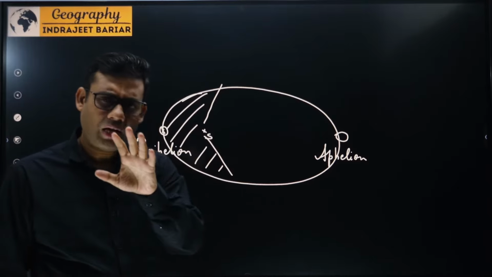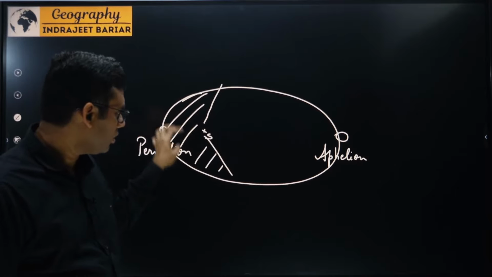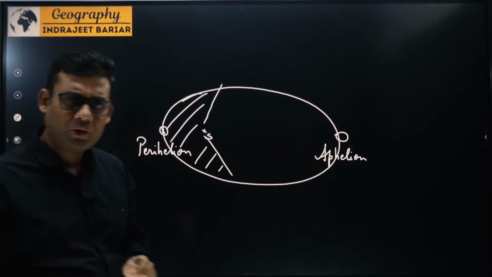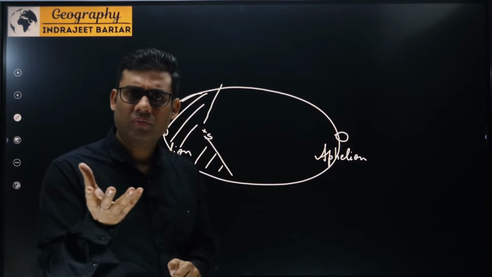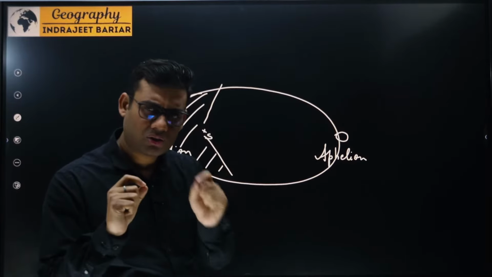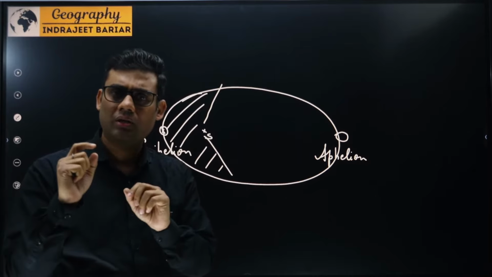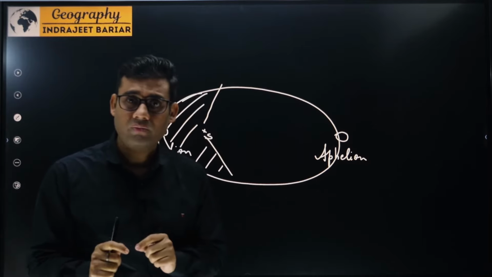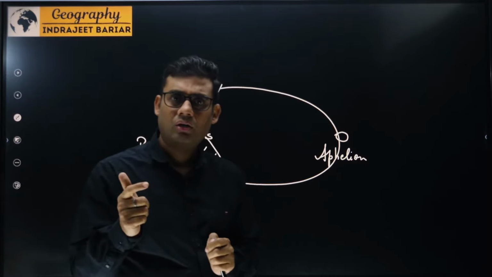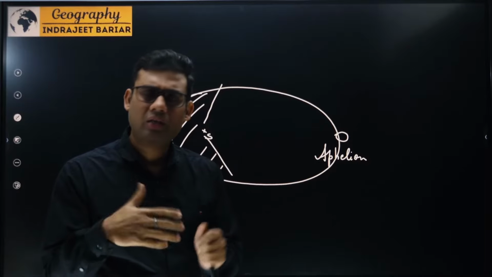What it is going to do at the maximum is, when the Earth reaches this zone, at perihelion, the temperatures would be slightly raised. And here the temperature would slightly drop. But this slight increase or decrease in the temperature is not seasonality. It is just a slight moderation or the seasons becoming extreme. Like you have winters.